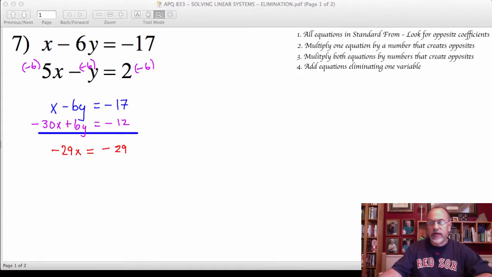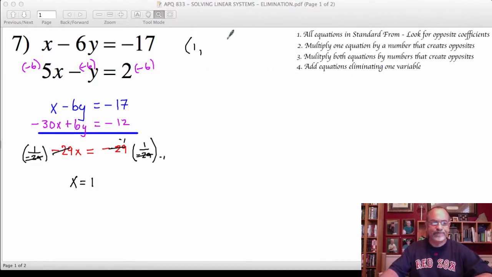So now I can go ahead and divide by that -29, which means I'm going to multiply by its reciprocal, because that's what division is. The -29 is reduced to a 1, leaving me 1 times x, which is x. And then this negative, and then this is a -1, so a negative over a negative is a positive. So the x value of my solution is the number 1.